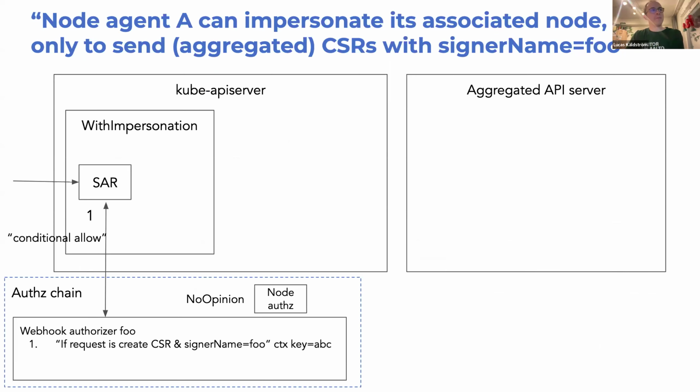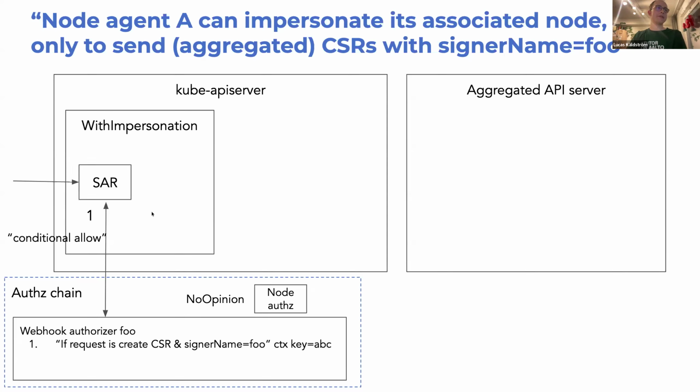If you have an impersonation filter which checks that, say I have a policy which says node agent A can impersonate its associated node, but only to send CSRs with some signer name foo. And in this worst case example, it would not be a built-in CSR, but some aggregated API, just to make it super complicated as an edge case.